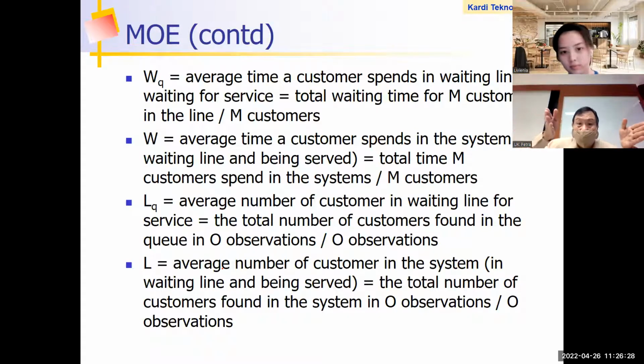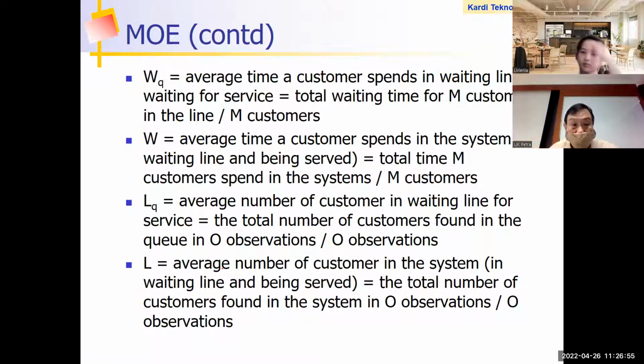WQ is the average time waiting in the waiting line, not including being served. W is the average time the customer is in the waiting line and being served. That means including the service time. Is it clear or not?